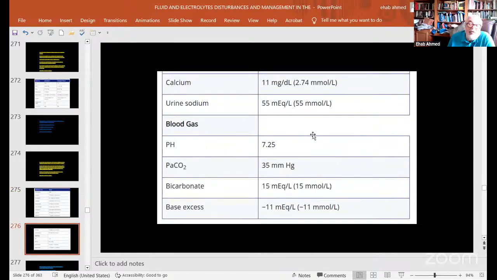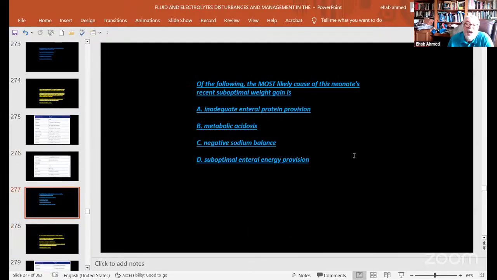Urine sodium 55, blood gas 7.25, PaCO2 35, bicarb 15, and base excess is minus 11. This baby is having metabolic acidosis. The most likely cause of this neonate's recent suboptimal weight gain is inadequate enteral protein provision.